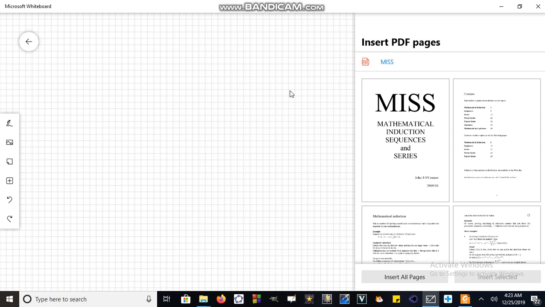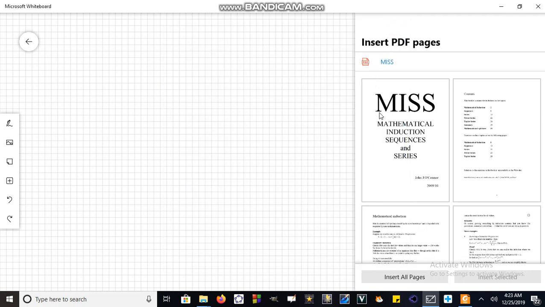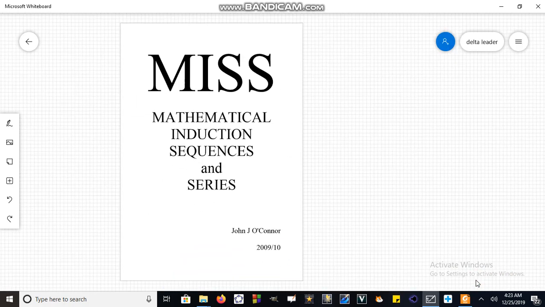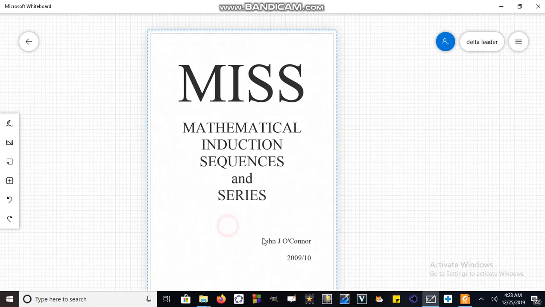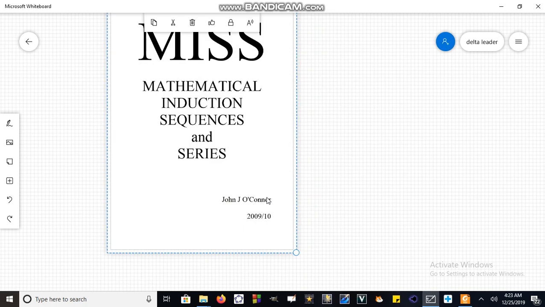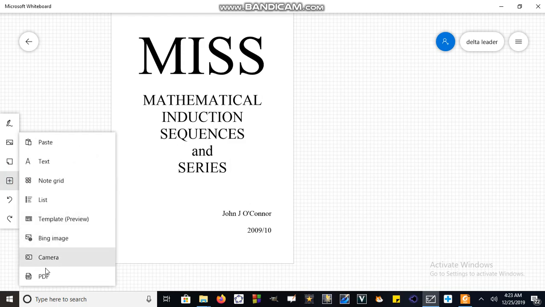So what we will do here is inspired by the example and the concept that we will study will be taken from this book which has been written by John G. O'Connor, as you can see here. So let's go.